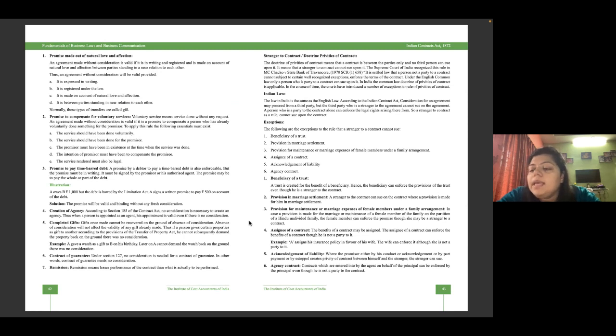Supposing my neighbor and I fight here in Calcutta based on a contract we have, a third person sitting in Bombay or Delhi cannot come and file a claim against me or my neighbor to recover any compensation for a breach of contract that has happened between the two of us.